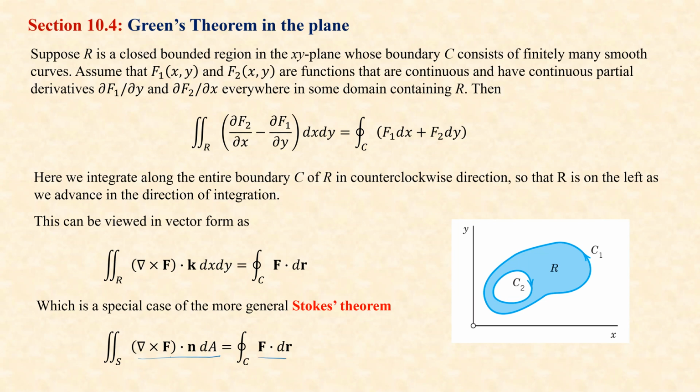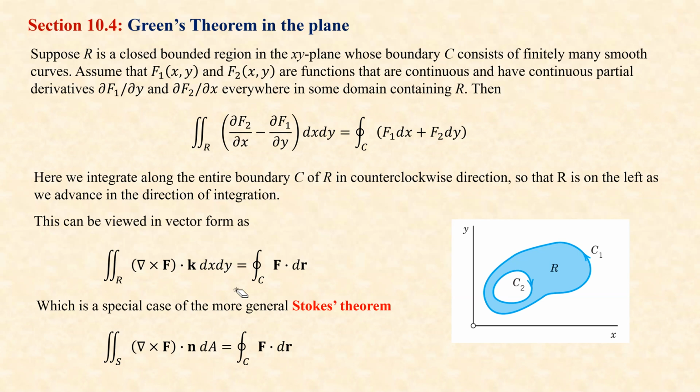Here you have the line integral of F over the boundary of that surface. If the surface is in the xy plane, then it becomes like that. So basically, Green's theorem is Stokes theorem when the surface is in the xy plane. Okay, but we are going to talk about this in general later on in this chapter. All right, any questions?